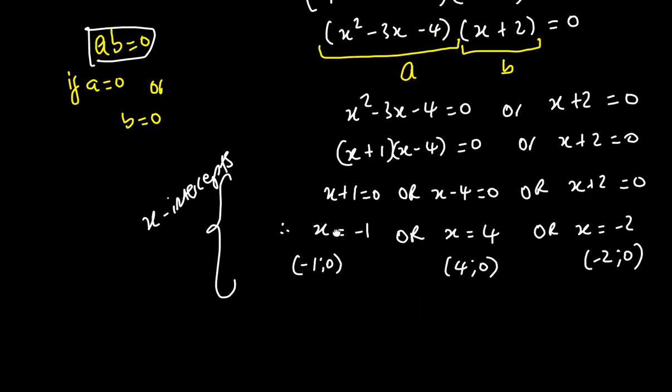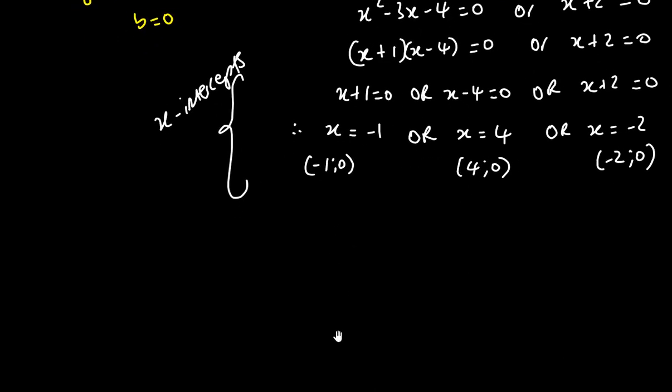Now remember, to sketch this graph, the last thing that we need is the turning point. So how do we get the turning point of this graph? Well, to get the turning point, this is what you do. You find the derivative of your graph.